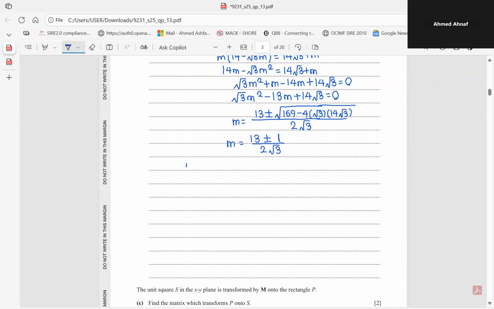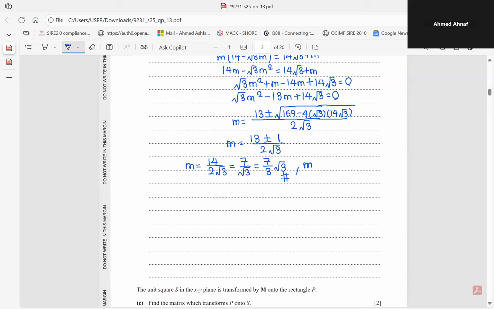Okay, so we'll get two answers for m. One is 13 plus 1 over 2 square root 3. So that's just 14 over 2 square root 3, which you can simplify to be 7 over square root 3. And if you want to rationalize the denominator, you'll get 7 over 3 square root 3.